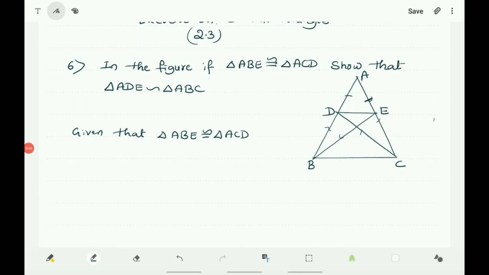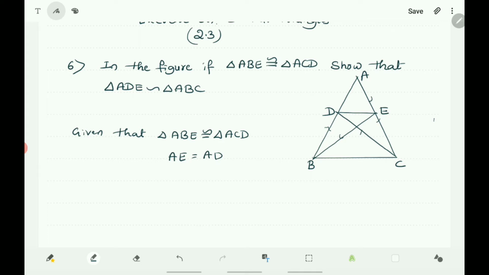We know that corresponding parts of the congruent triangles are equal. Therefore, you can take the side AE of triangle ABE is equal to side AD of triangle ACD.